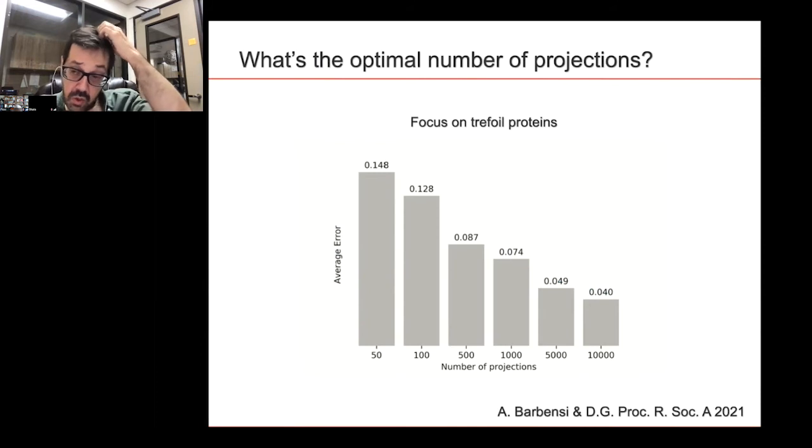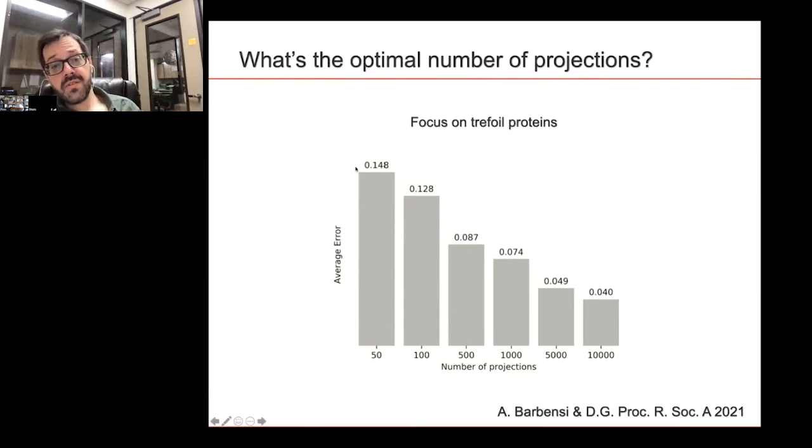And so now, having the F distance, if we take the set of all proteins, analyze them with a number of projections like 50, 100, 500, as we did here in this experiment, 1,000, 5,000, 10,000, we check the average error. And the average error is defined as the error between Knotoids sharing the same border.